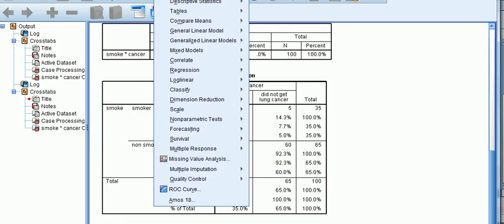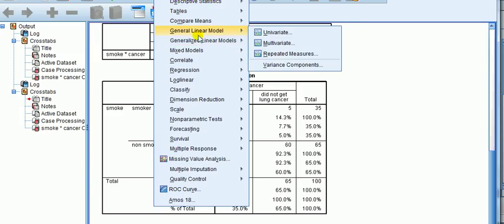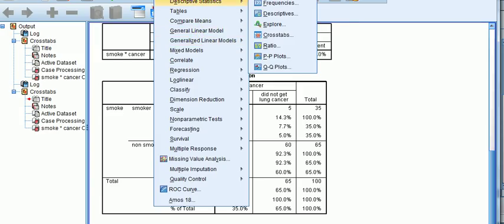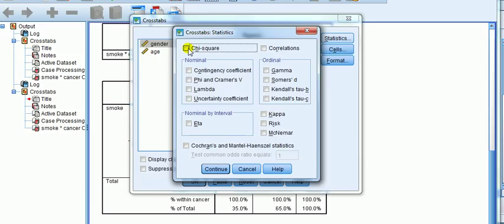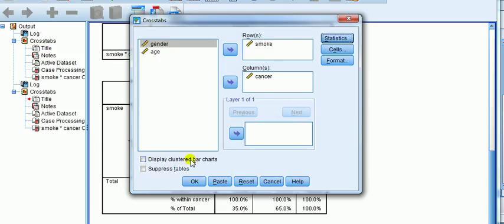So now let's go ahead and do it. It's pretty much the same buttons again. Analyze, descriptive stats, crosstabs. This time we click on statistics and we request the chi-square there. Let's say OK, and then we OK it.